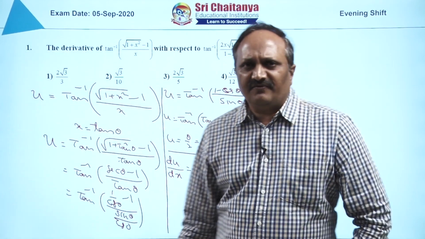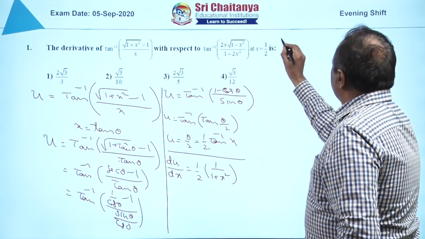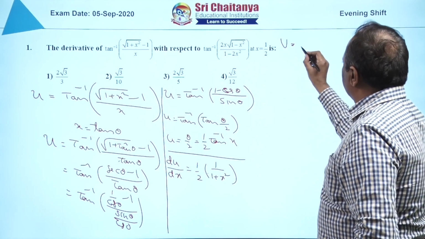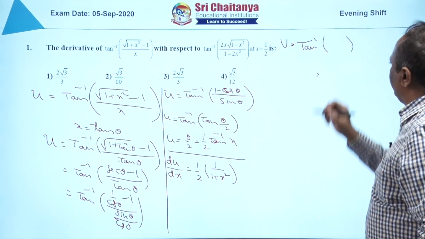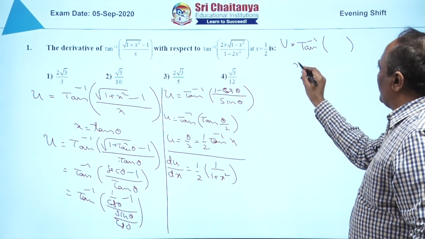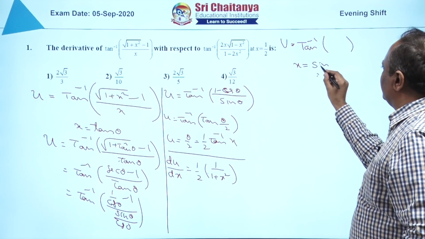Similarly, coming to the function v, let us consider v as this function, tan inverse of this value. Suppose x equal to sin theta here.